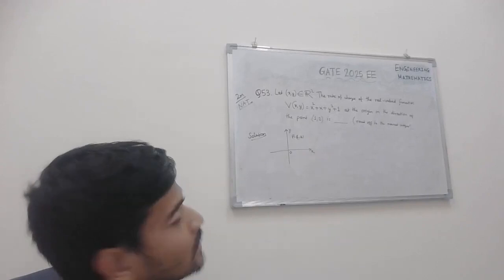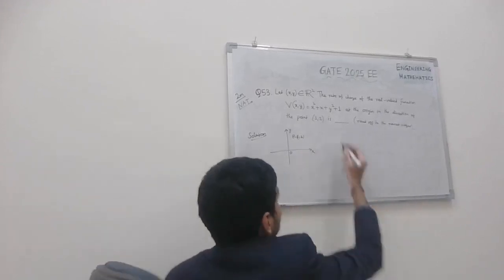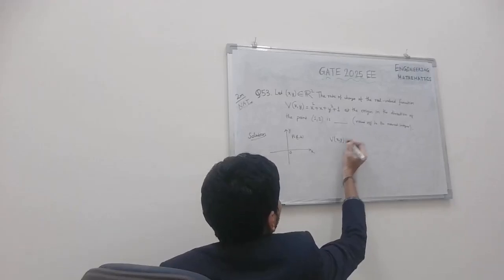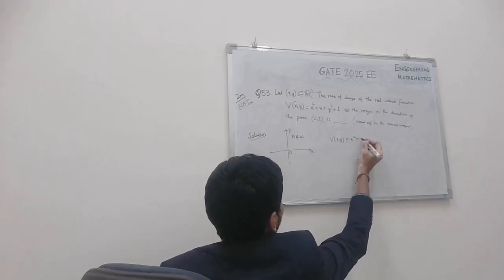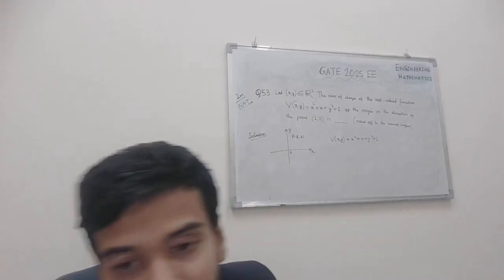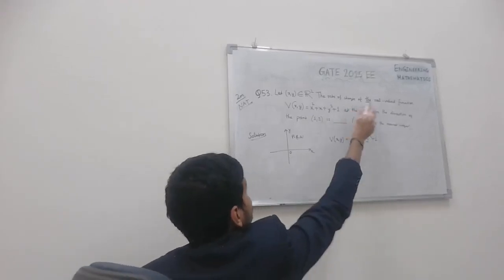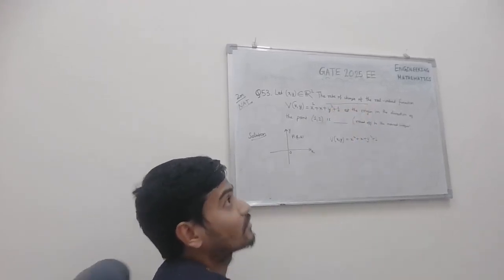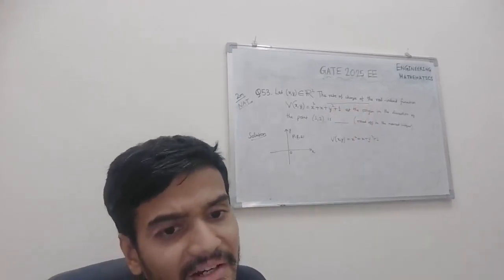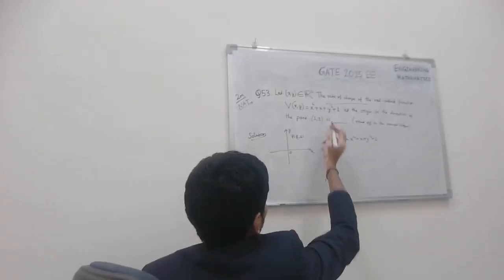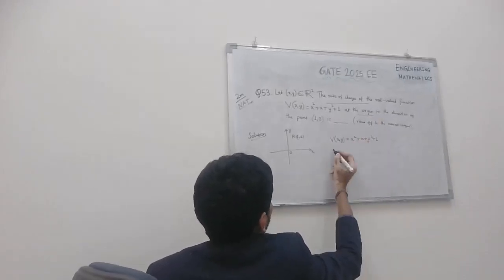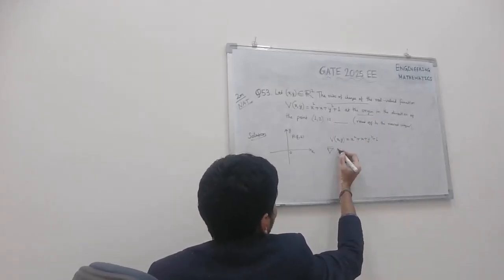Okay. Now let's write this function v of x y. Whenever we ask about the rate of change of a function, it always means you will find the gradient of the function. Here is written the gradient of v.